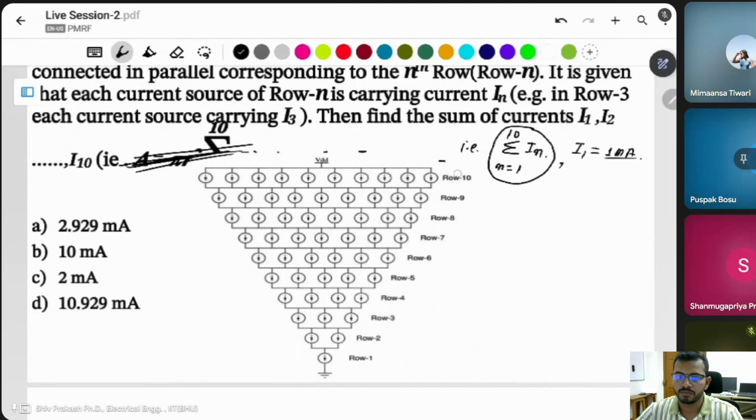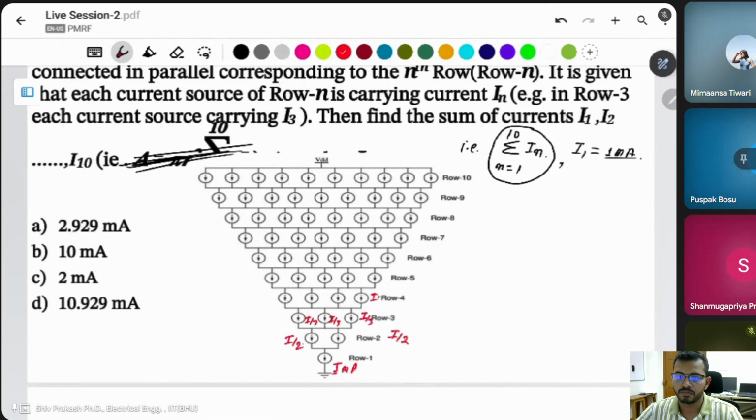Then how can you solve? Simply find this one, which is given as 1 milliampere. Then what is this current? Suppose all of the current carried is I, then both branches carry I by 2 each. Then this will be I by 3, I by 3, I by 3.